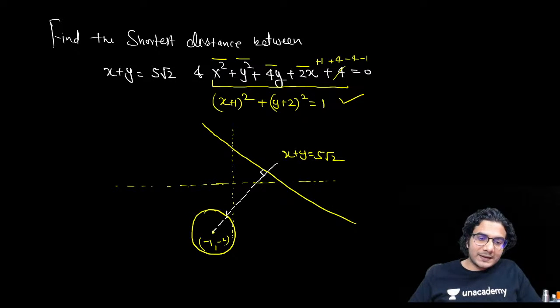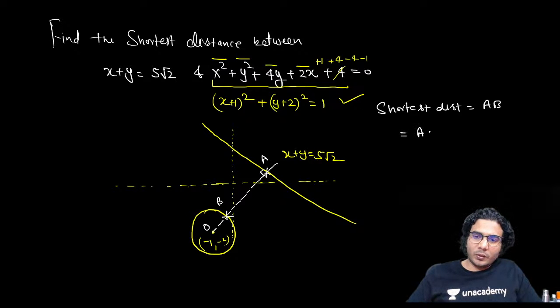The shortest distance: if this point is A and this point is B, then the shortest distance is equal to AB, which is nothing but AO, the distance of the center from the line, minus the radius of the circle. So you find the distance of the center from this line.